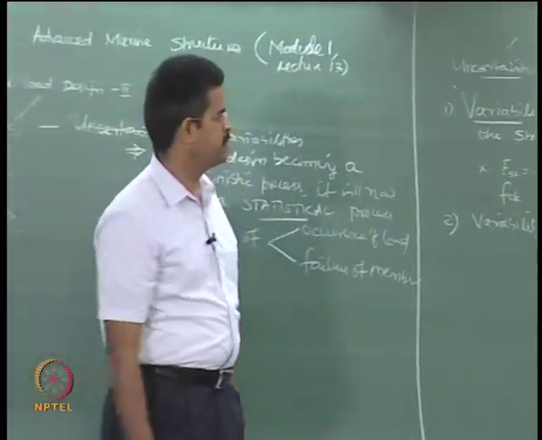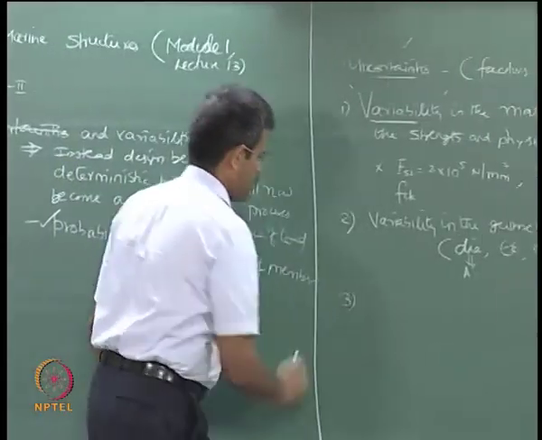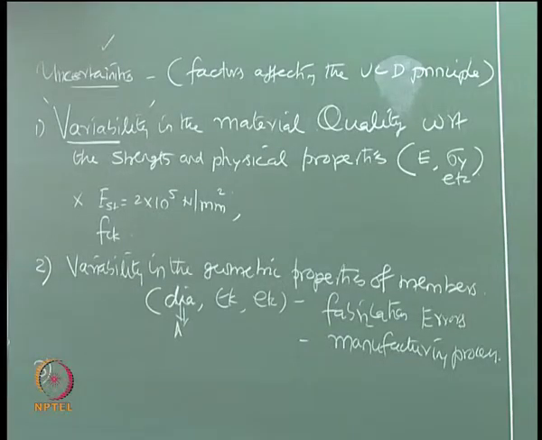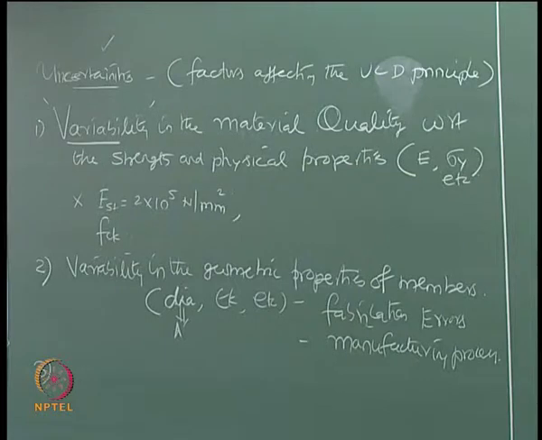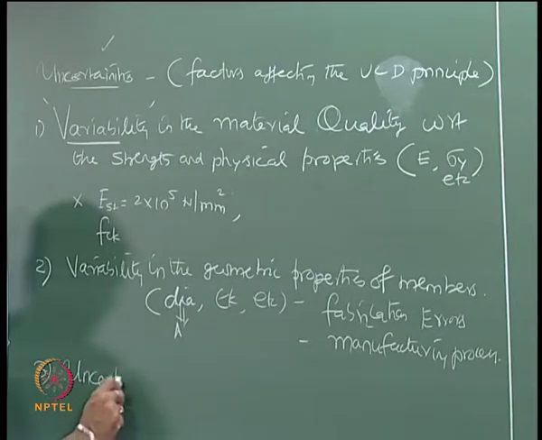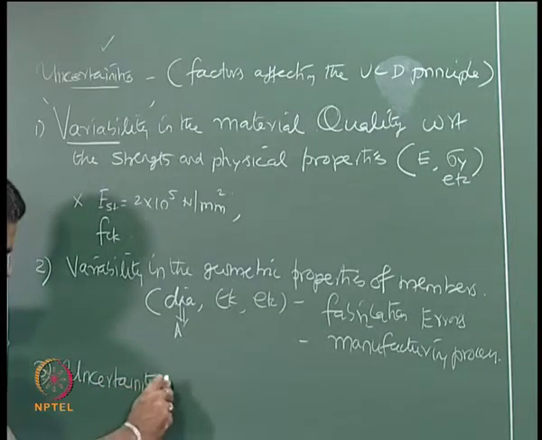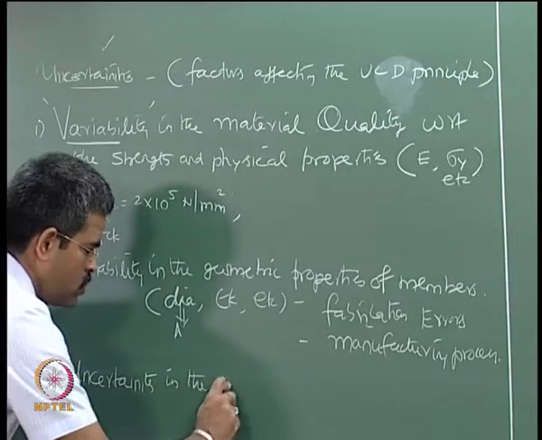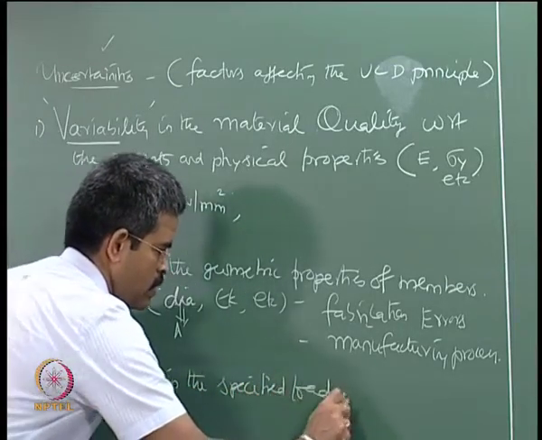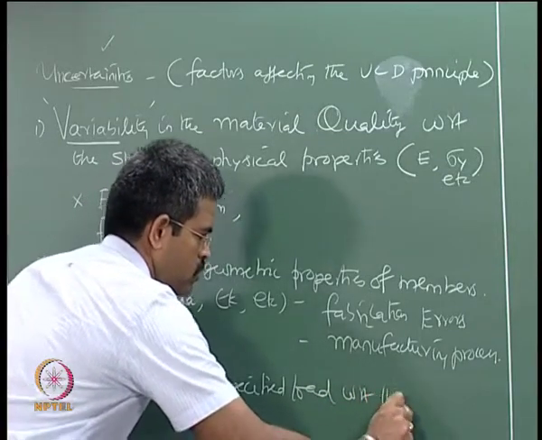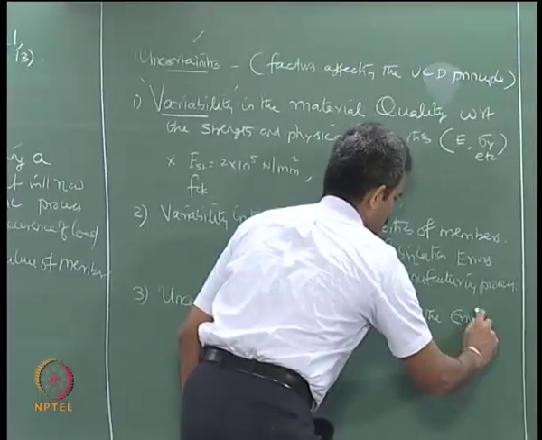Okay. The third factor which contributes to uncertainty in ULD is uncertainty in the specified loads with respect to the environmental conditions.